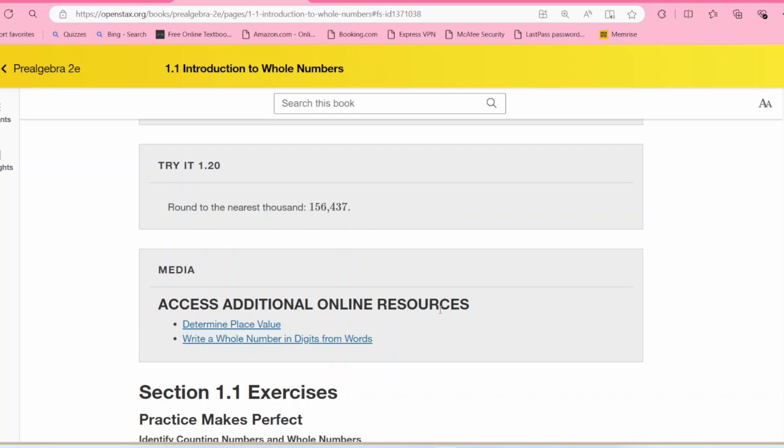So other videos, other resources related to this topic, all the topics here from section 1.1, Introduction to Whole Numbers. So you see they have links to determining place value and to writing a whole number in digits from words, which we did in previous videos on this section.